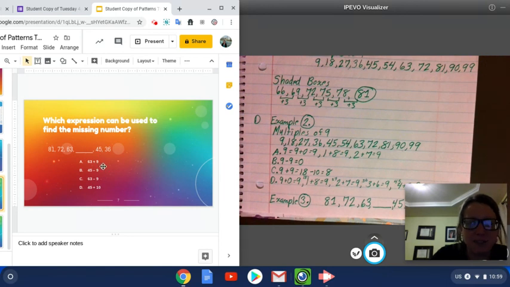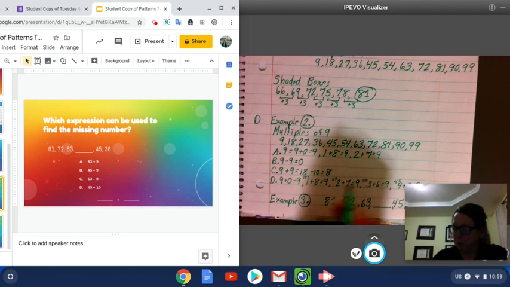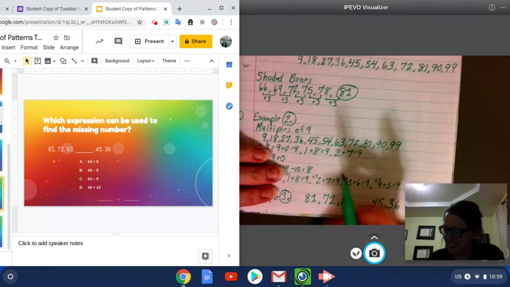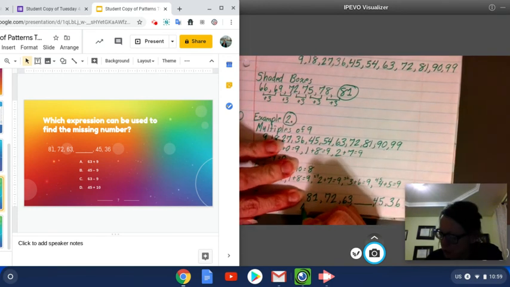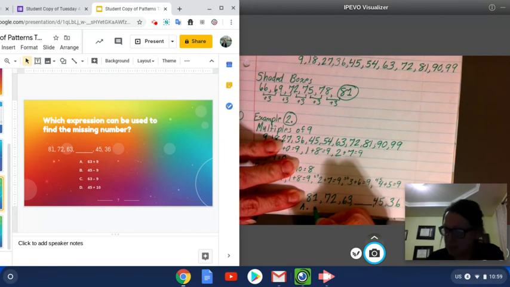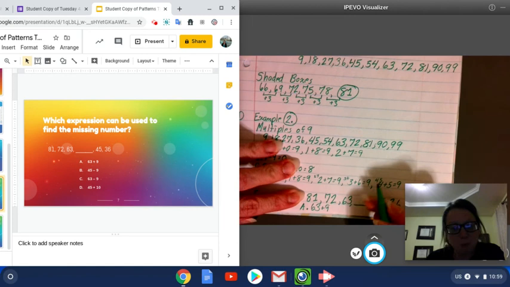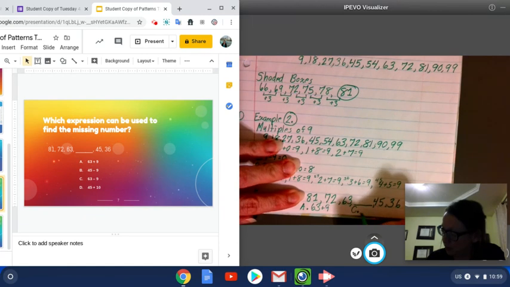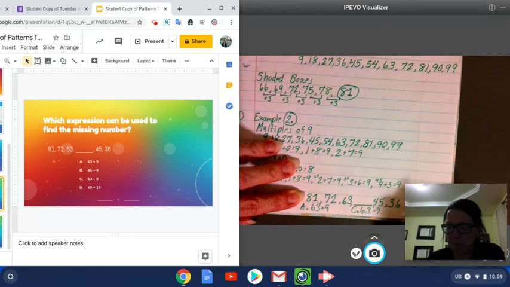If that was 45 plus 10, that would mean that 55 goes here. So really, I have two plausible answer choices. They're either increasing each by 9, or answer choice C, they're decreasing by 9.